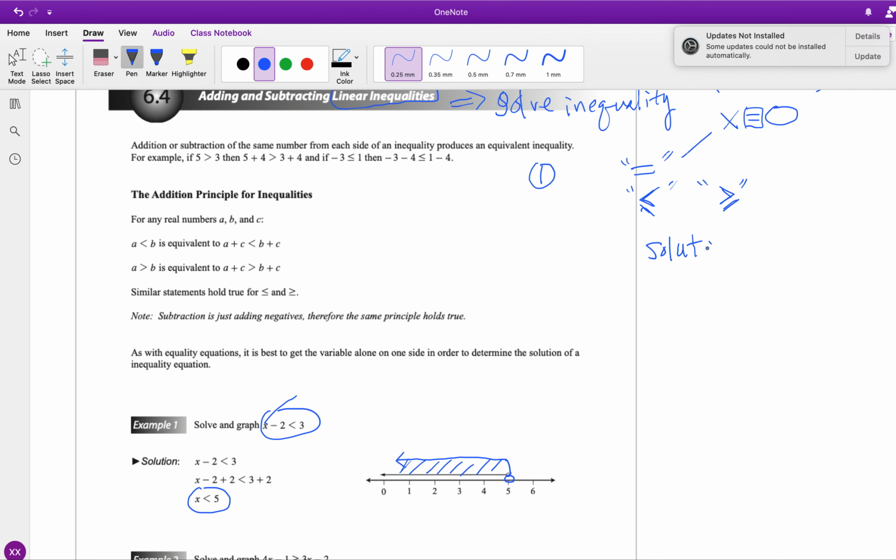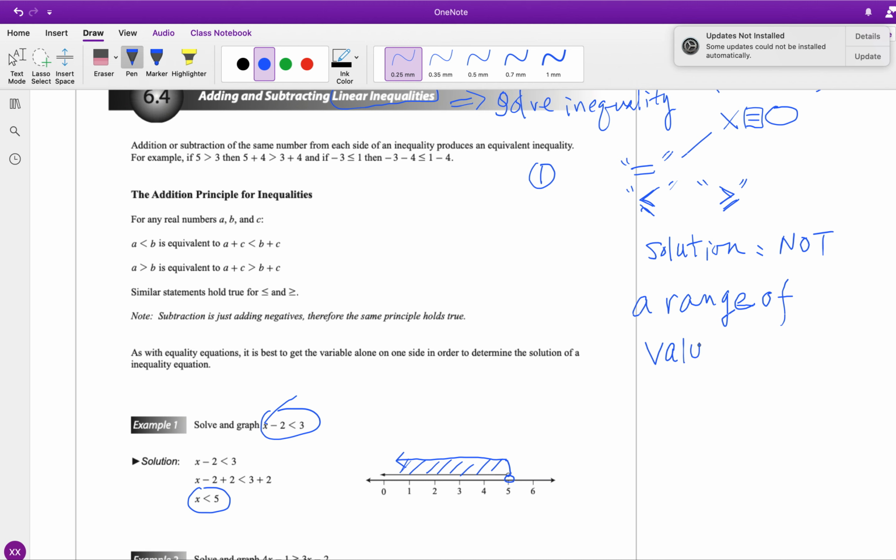is not a certain value, not just a certain value, but a range of values. I'm so sorry, my pen is not working well for some reason.